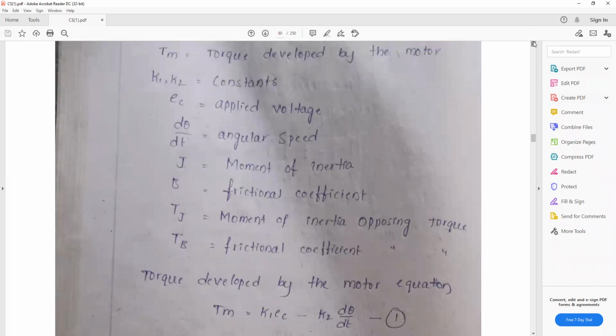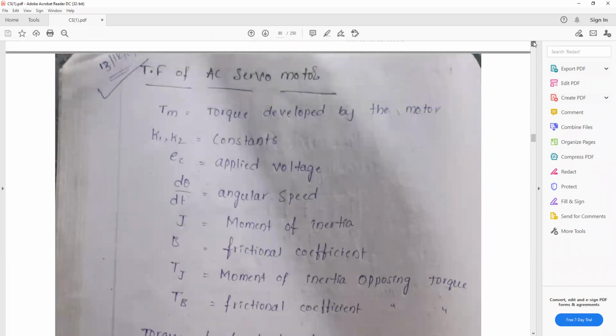And the last, the transfer function of AC servo motor. Tm is the torque developed by the motor, and K1, K2 are the constants. Ec is applied voltage. d theta by dt is angular speed. J is moment of inertia. B is frictional coefficient. Tj is moment of inertia opposing torque.